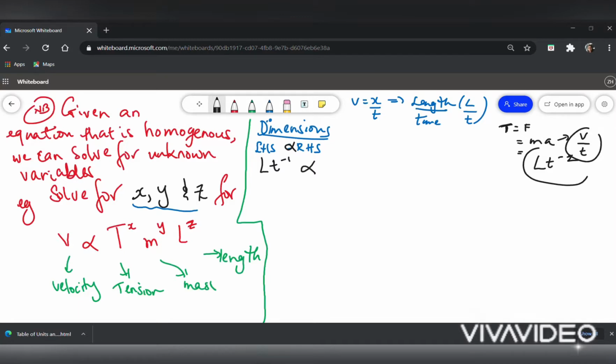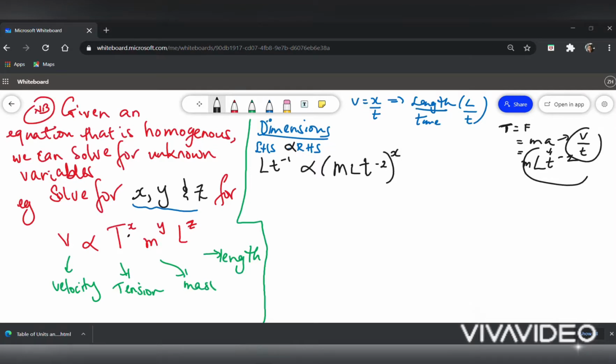So on the right-hand side, our tensional force is going to be mass by acceleration, so it is mass by length per unit time squared, but it's all raised to the power of x because our tensional force is raised to the power of x.